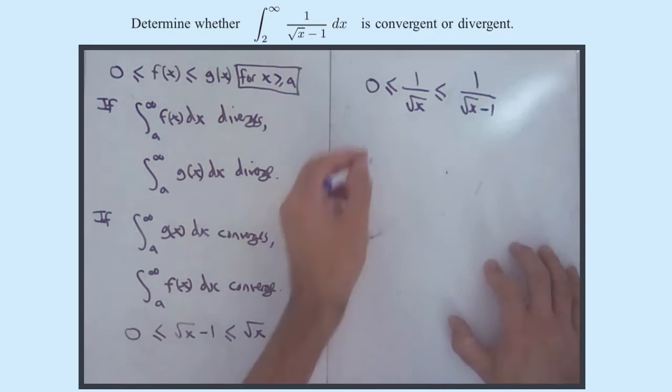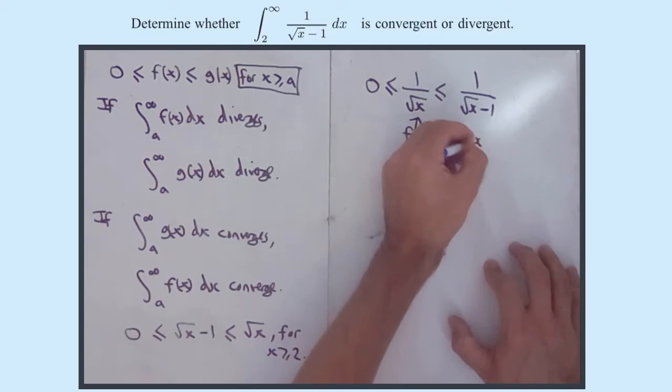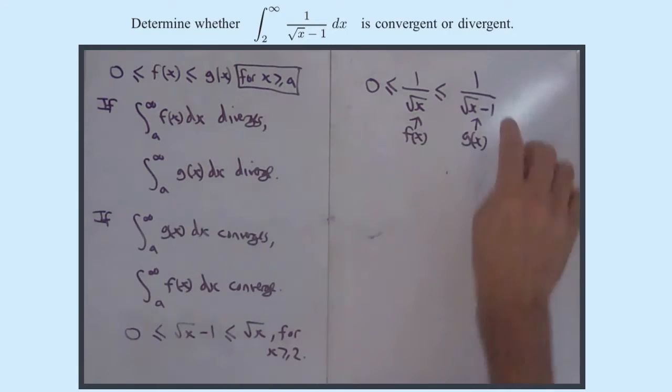So now we've got our 0, we've got our f of x, which is this one, and we've got our g of x, which is actually the function that we're interested in. We are finding the integral between 2 and infinity of 1 over the square root of x minus 1 dx, so it's this one.